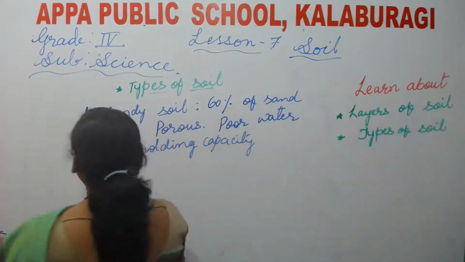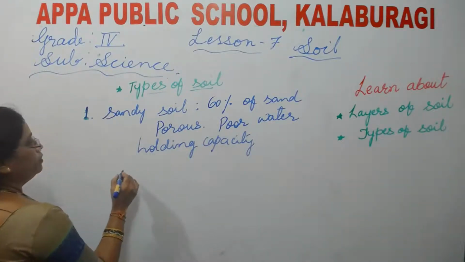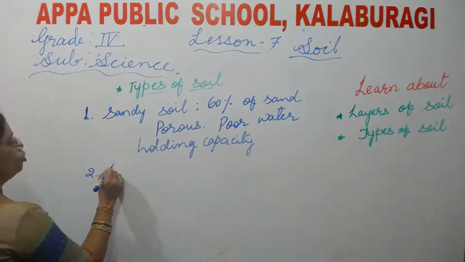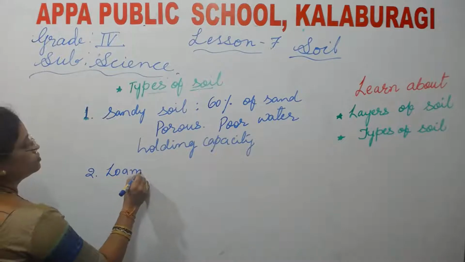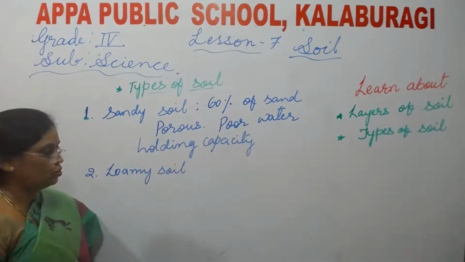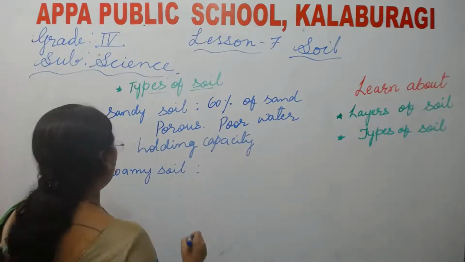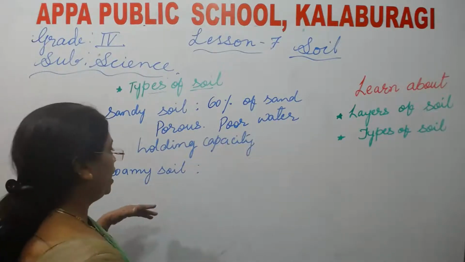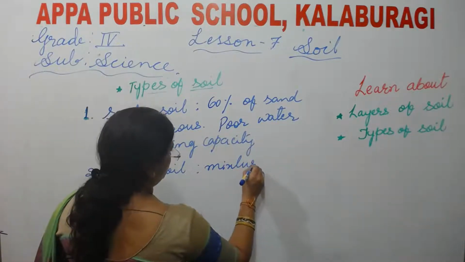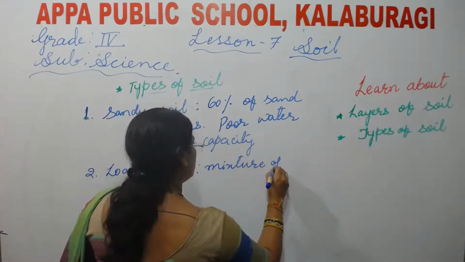Coming to the next, the second type is loamy soil. Loamy soil is also a mixture of sand and clay.